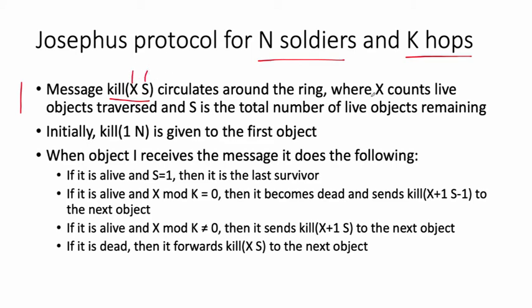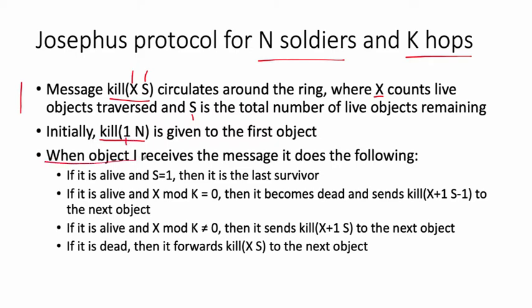X counts the number of live objects traversed. Each time you pass a live object, you increment. And S is the total number of live objects remaining. Whenever an object dies, you decrement S. So you start by giving kill 1 N to the first object. So you're traversing the first object.